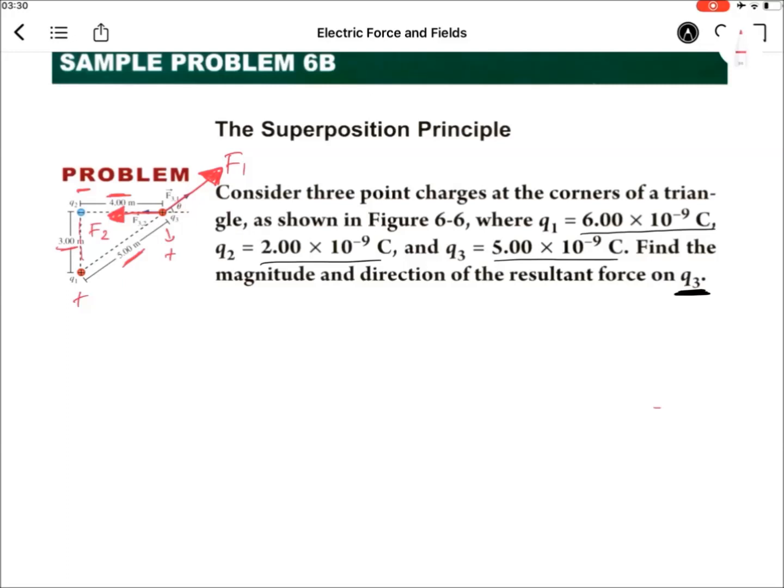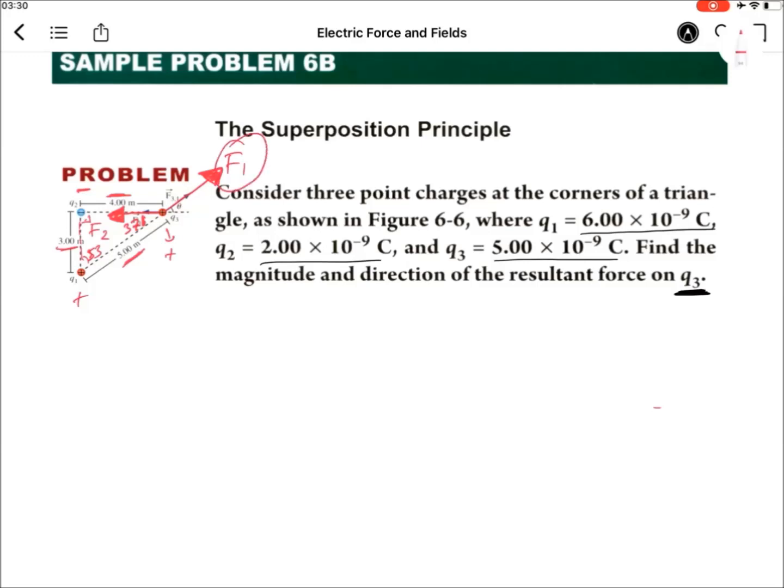But here this triangle is a special triangle, so you might know this is the 3, 4, 5 special triangle. This angle is 90, this angle is 53, and this angle is 37. You should know this to solve this question, or from the tangent you can calculate that angle.